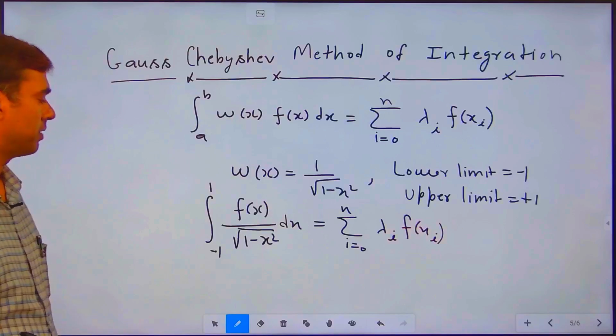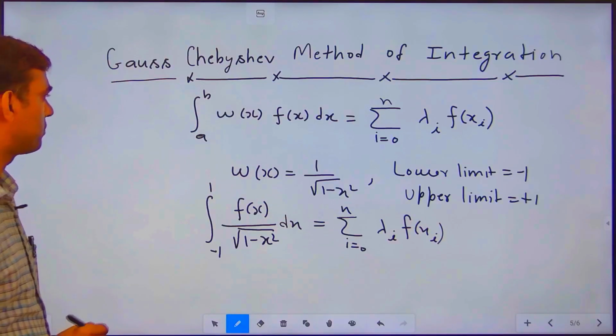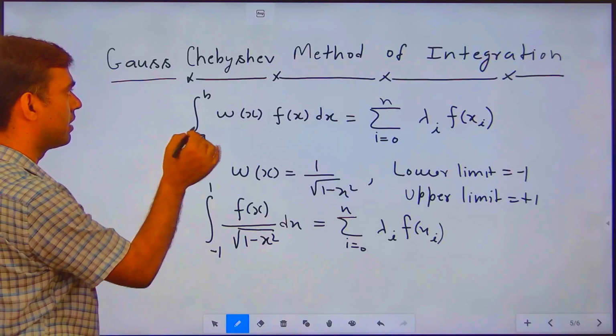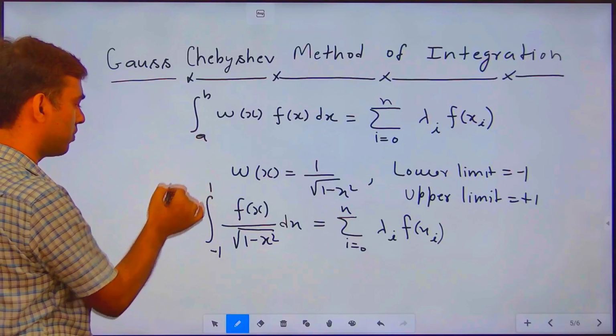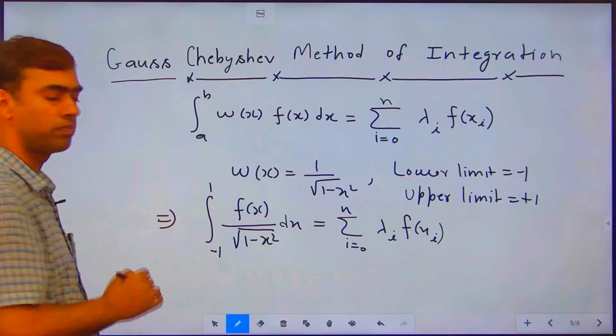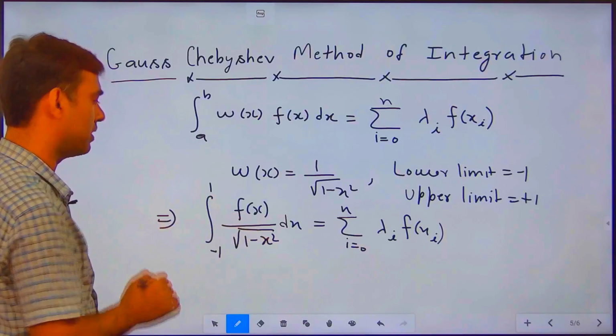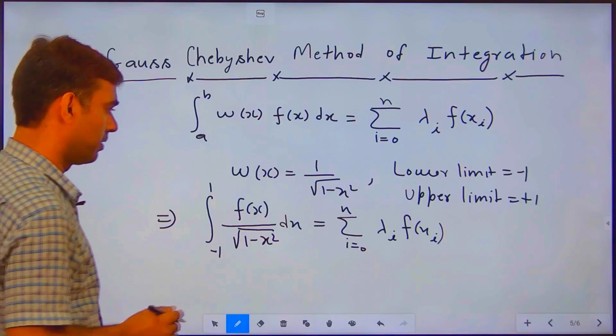Lambda i f of x i means, first we write the given integration into this form, the integral from minus 1 to 1 of f(x) upon under root 1 minus x square dx.